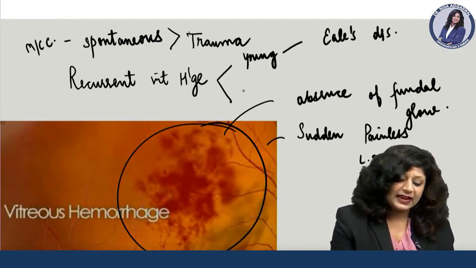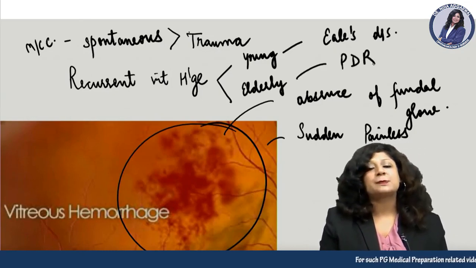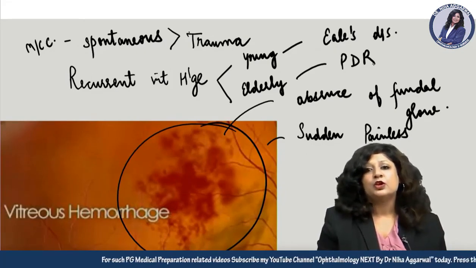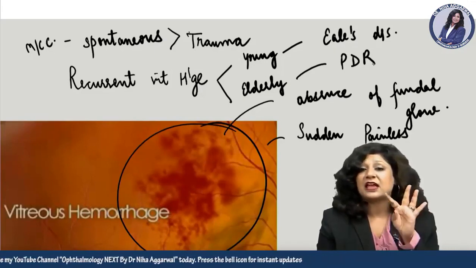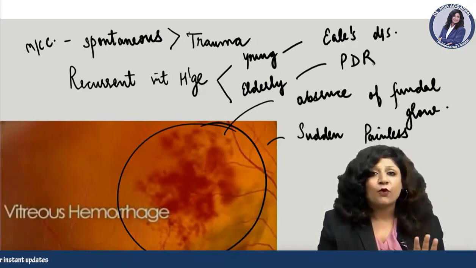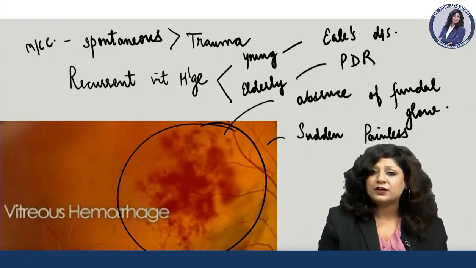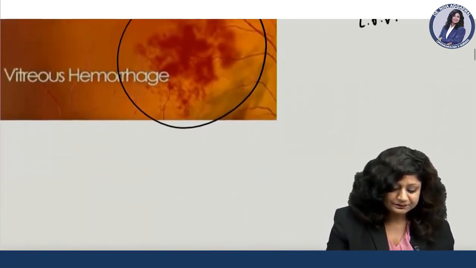But if it is an elderly patient, think about PDR. What was this PDR? Proliferative diabetic retinopathy. So we have spontaneous, we have trauma, we have Eales disease, and we have proliferative diabetic retinopathy. These are the four important things that should come into your mind whenever you are dealing with a case of vitreous hemorrhage. All right.